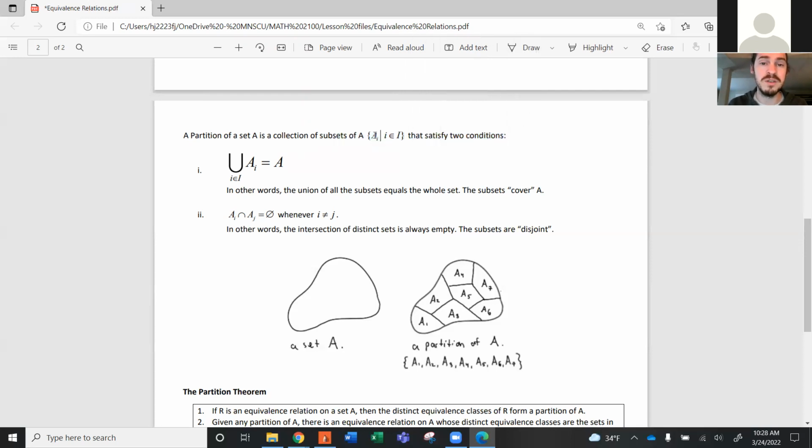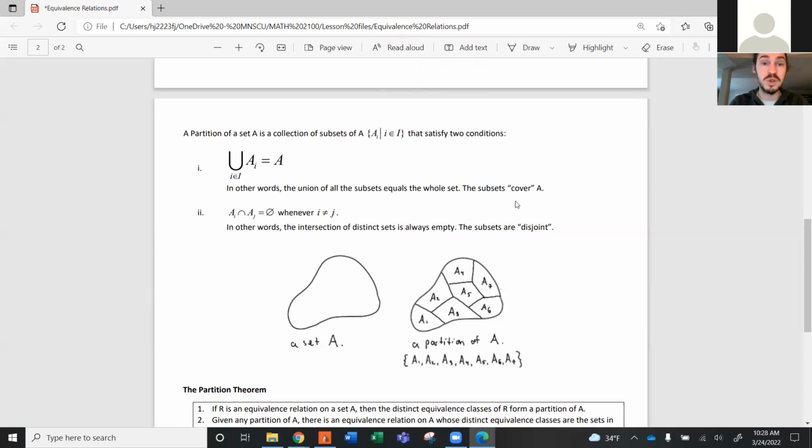So the partition is these A_i. These A_i are subsets of A. And in order to be called a partition, they need to satisfy two conditions. One is that the union of all the A_i is A itself. That basically means the A_i cover all of the elements in A. Every element in A is an element of at least one of the subsets that form the partition.